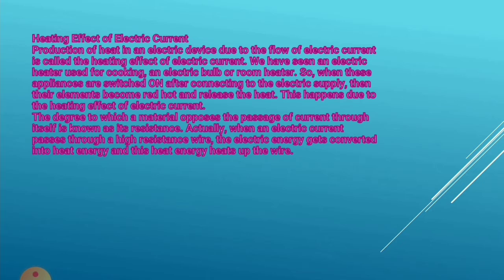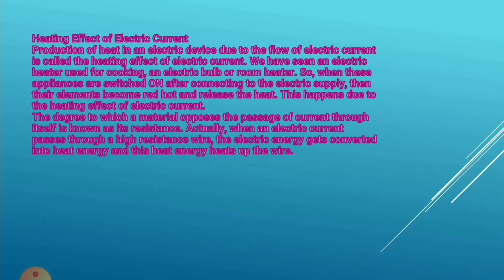The effect due to the flow of electric current is called the heating effect of electric current. We have seen an electric heater used for cooking, an electric bulb or room heater. So when these appliances are switched on after connecting to the electric supply, then the element becomes red hot and releases heat. This happens due to the heating effect of electric current.